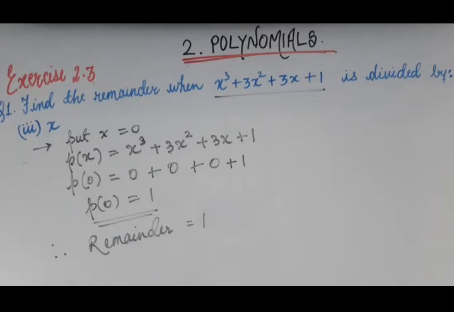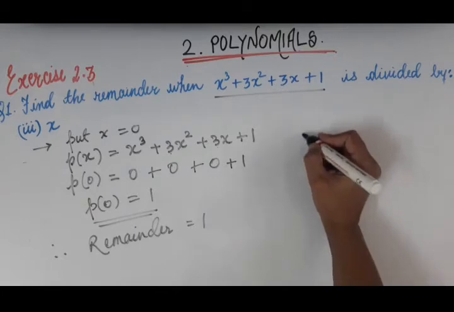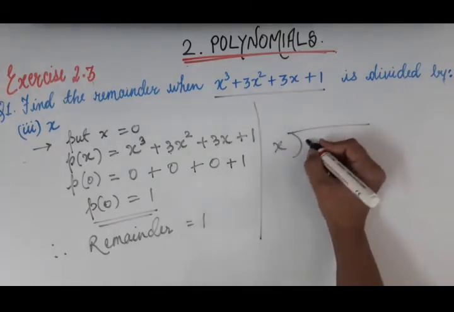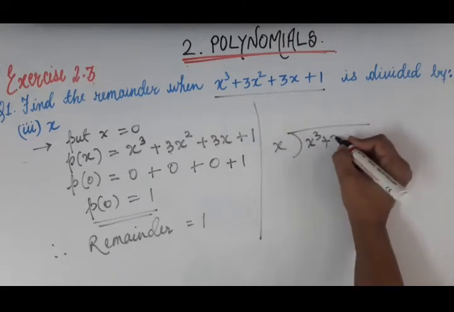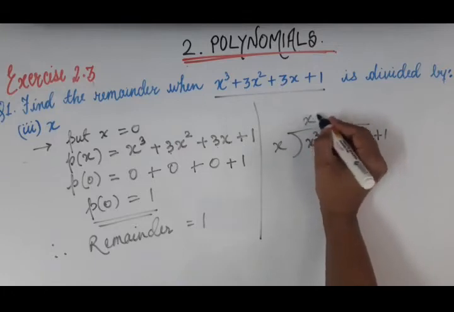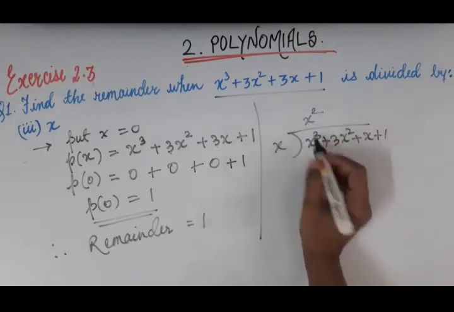So if you want this question to be solved with the long division method, let us solve this with long division also. So here, I'll do it here only. x cube plus 3x square plus 3x plus 1. So x square, I have to multiply x with x square to get x cube.